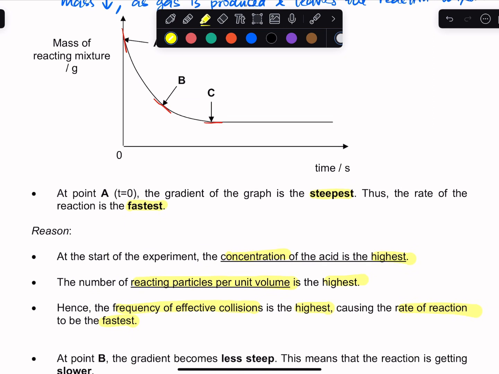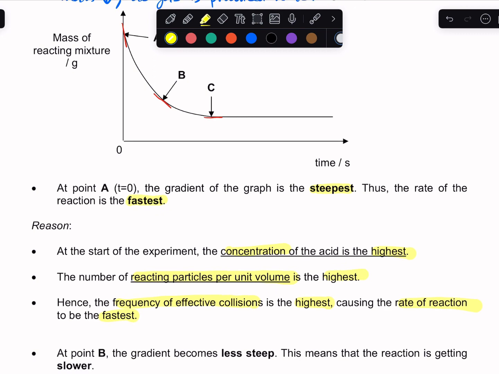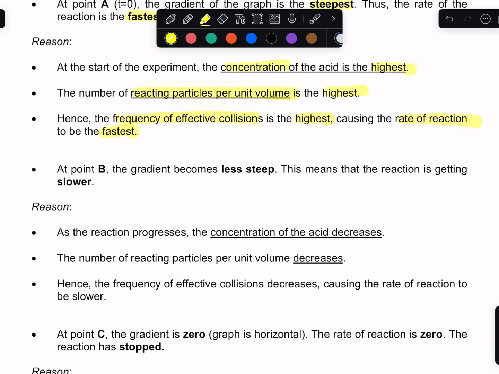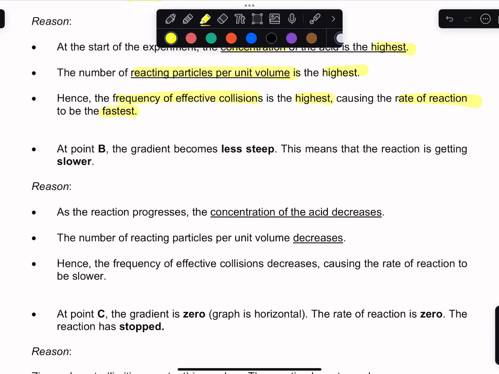At point B, the gradient is less steep, or gentler, than point A. This shows that the rate has slowed down. How to explain? Again, because some acid has been used up, the concentration of acid has decreased. Number of reacting particles per unit volume decreases, frequency of effective collision decreases, rate of reaction slower.